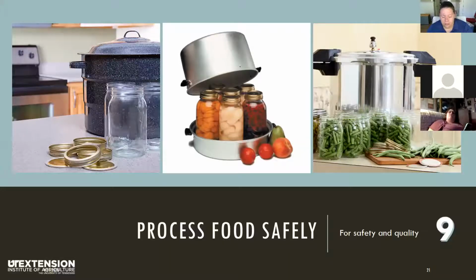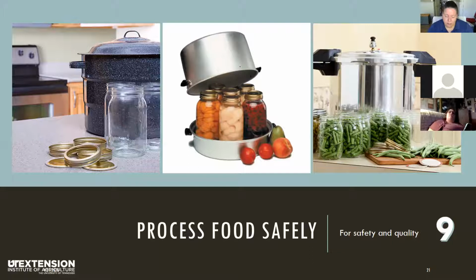There are actually three different ways that you can home can. On the left-hand side is an example of a water bath canner. The example in the center is an atmospheric steam canner, which is more of a replacement for water bath canning. The one on the far right is your pressure canner.